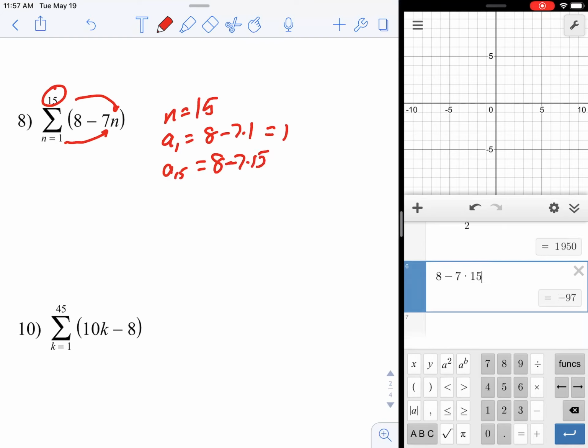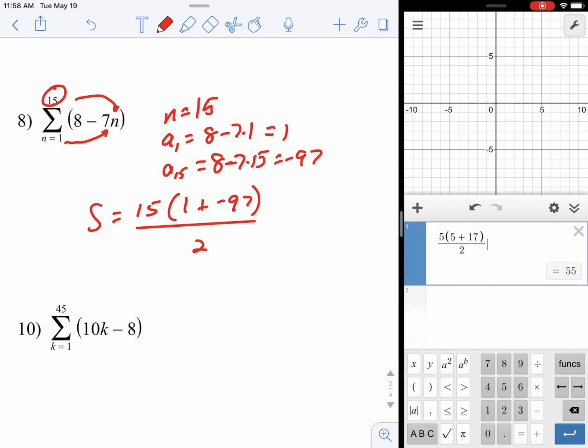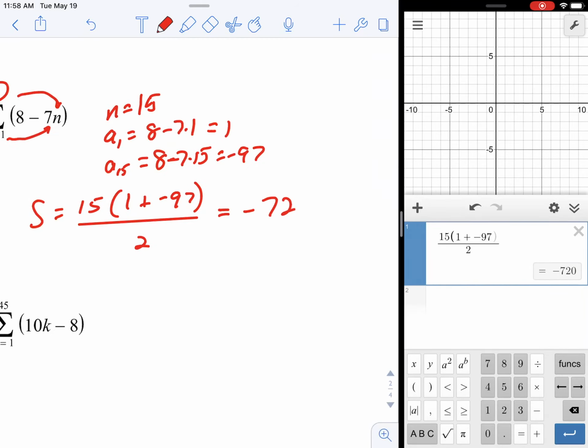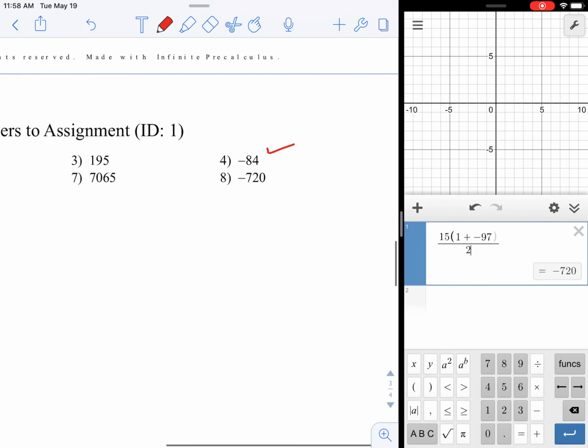That's negative 97. So my sum equals 15 times 1 plus negative 97 all over 2. So fraction bar, 15 parenthesis, 1 plus negative 97 all over 2, negative 720.